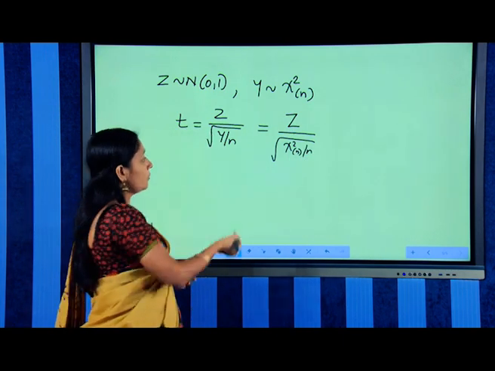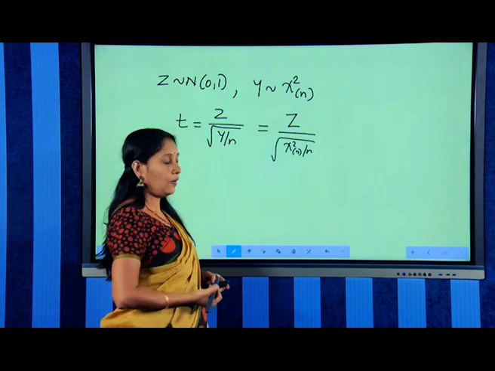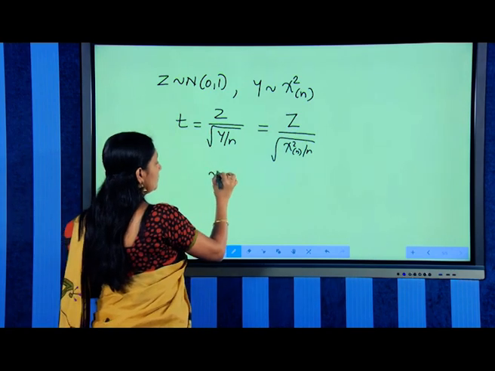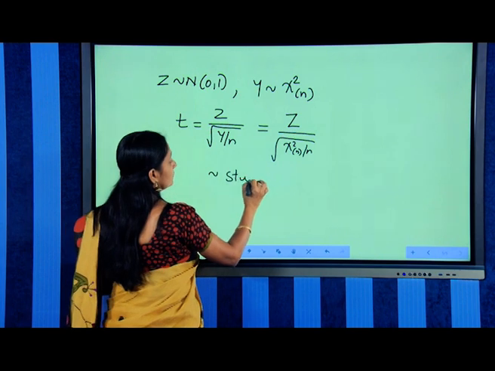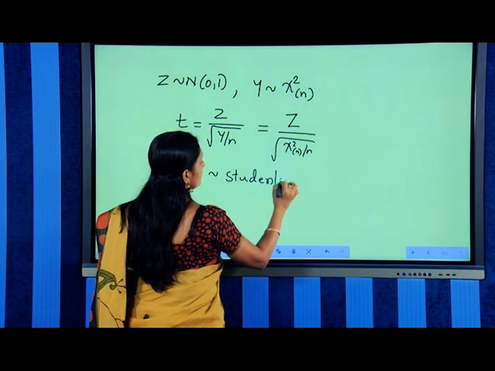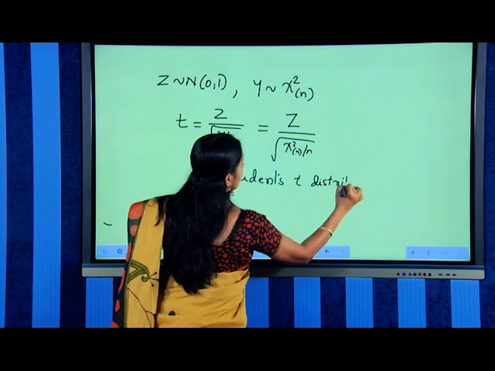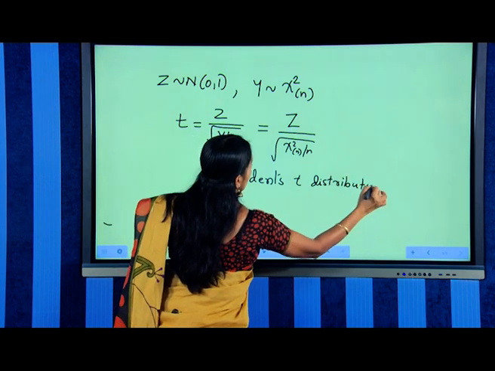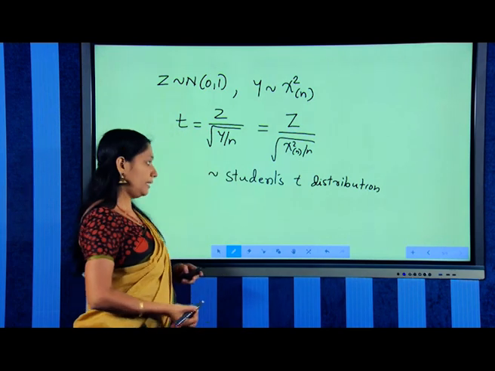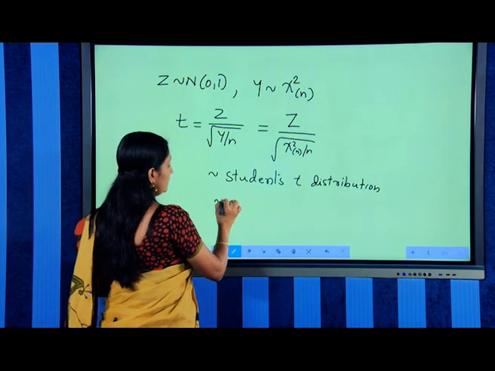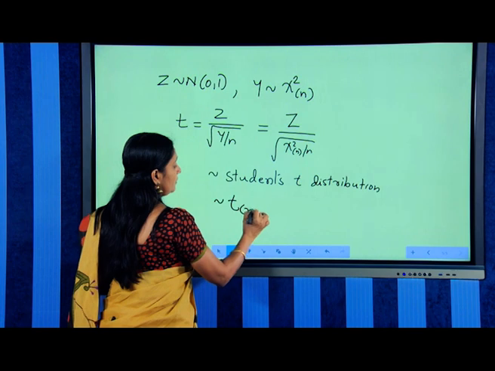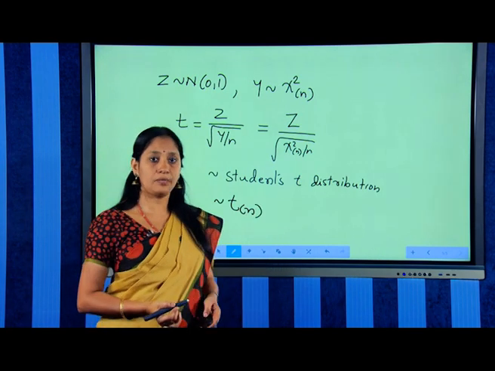The distribution of this statistic is called Student's t distribution with n degrees of freedom, that is it follows t distribution with n degrees of freedom.